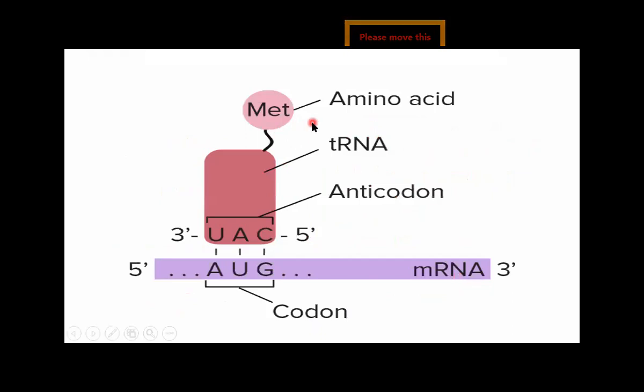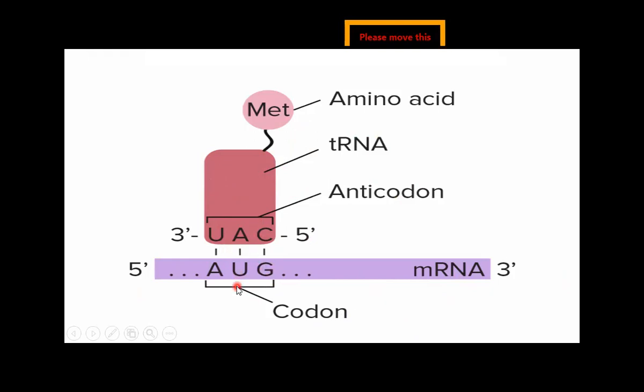This is the structure of a typical transfer RNA. You can see over there, this is the transfer RNA. It has on its base the anticodon UAC, and there is the codon AUG on the messenger RNA from direction 5 to 3 prime.